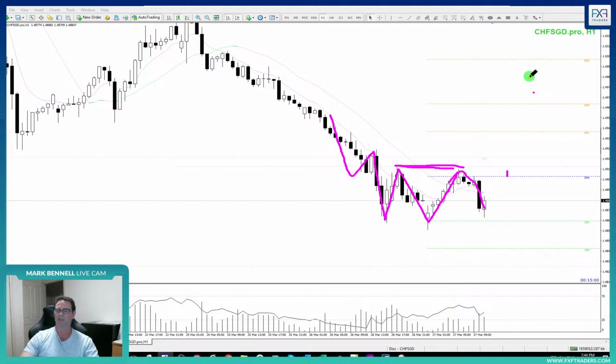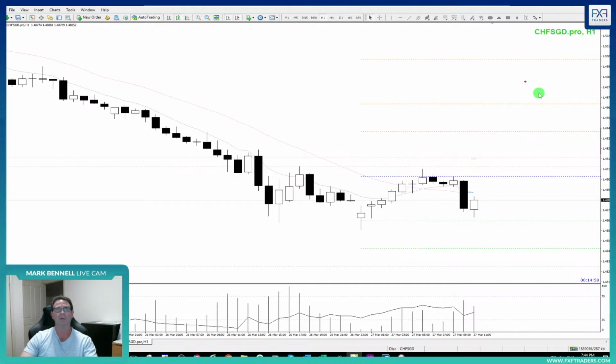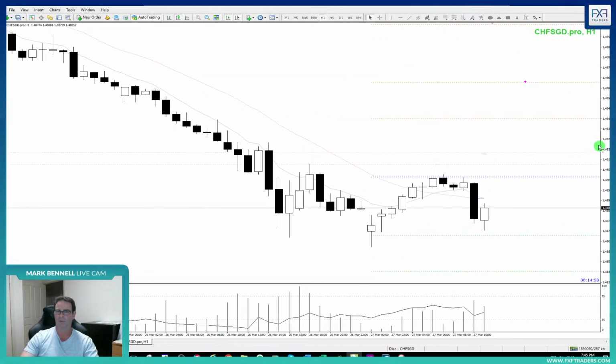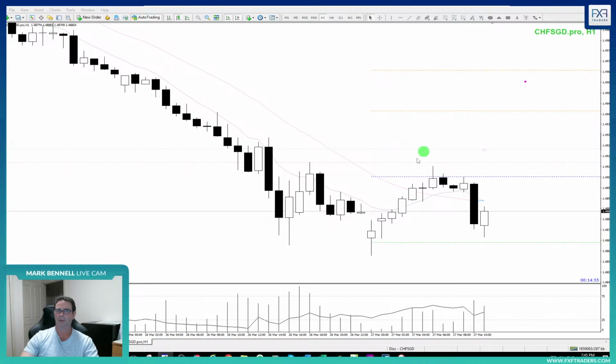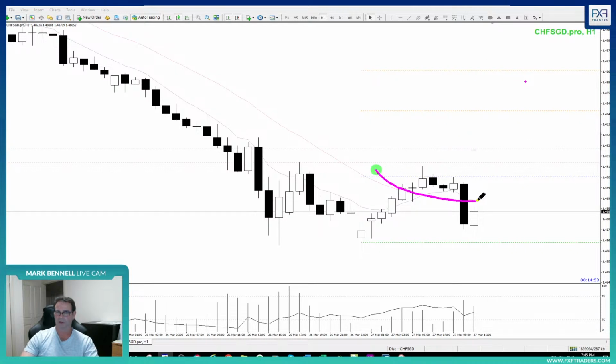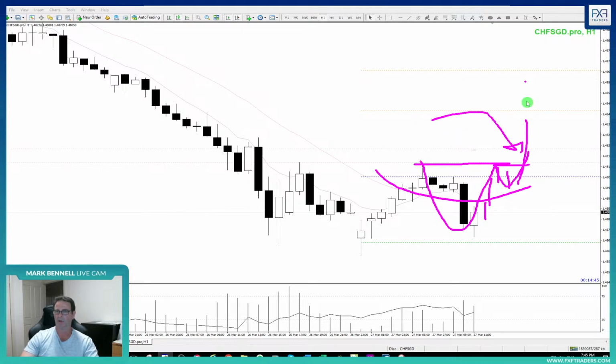So what we need to see with this one, here's the 20. We've got to see price get back above. It can test this and give us the classic breakout, a little cup with handle here. That would be good. Take the breakout there. That'll give enough room to get into the 20.